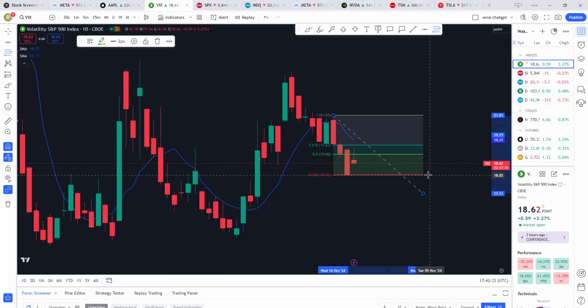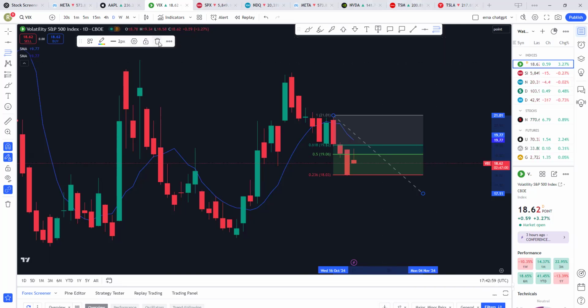Those are the keys. I'm just giving you the main tools to use to identify price levels. I've been talking about the horizontal line and vertical line. Those are very helpful.